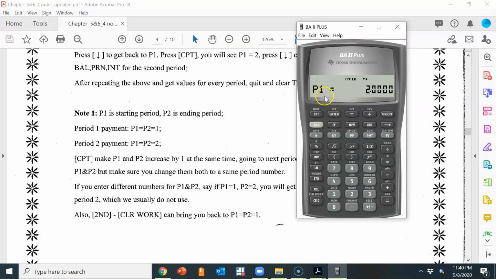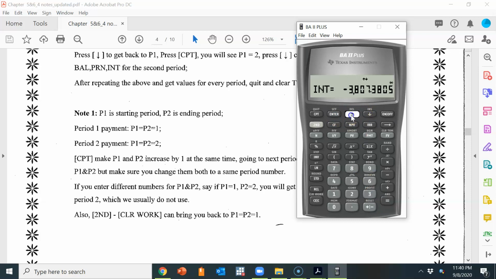Okay, alternatively, you can make your P1 2, P2 3. So all the amount is going to be for 2 years, including the second year and the third year. But we usually do not do so. We just increase both of them to 3, so we know the amount for the third year.